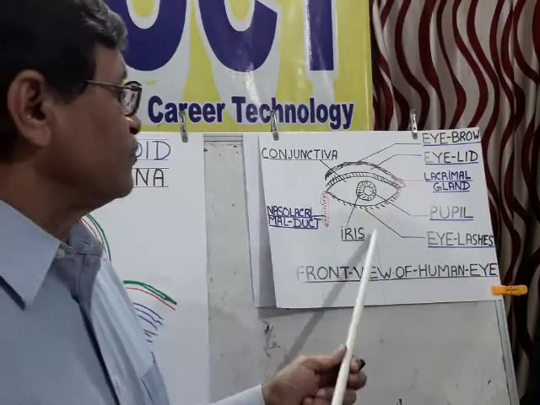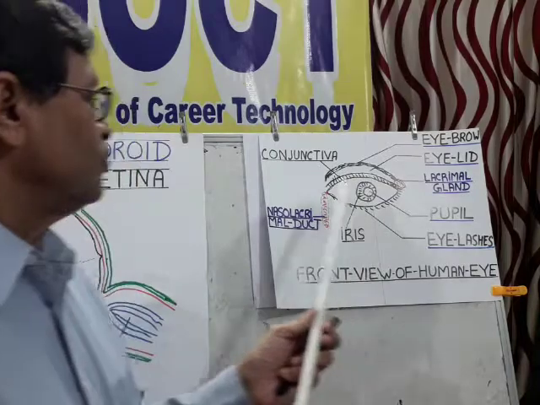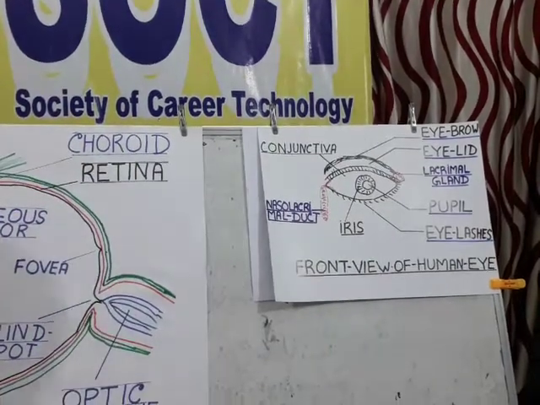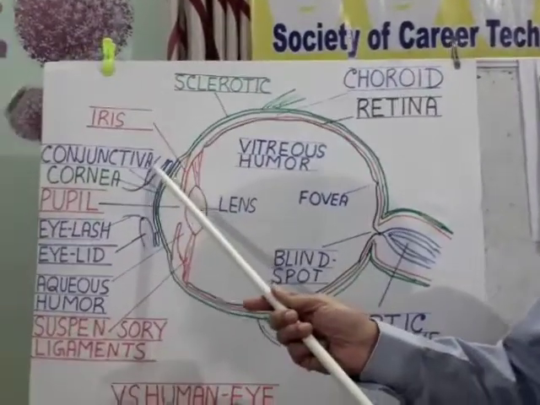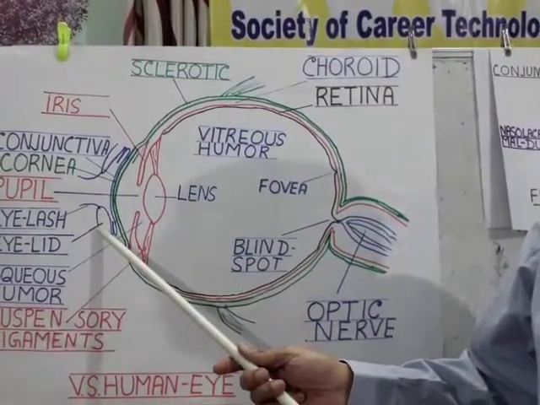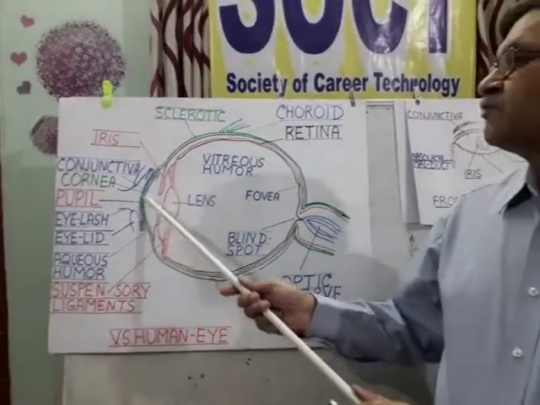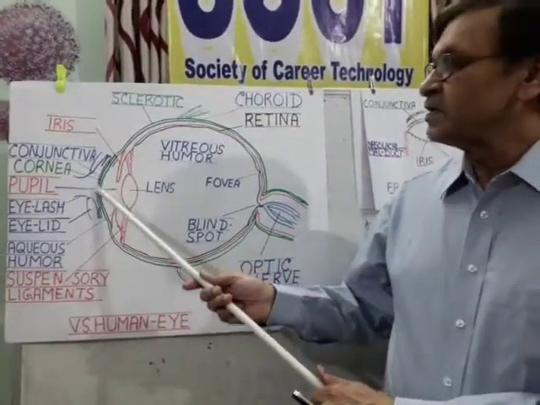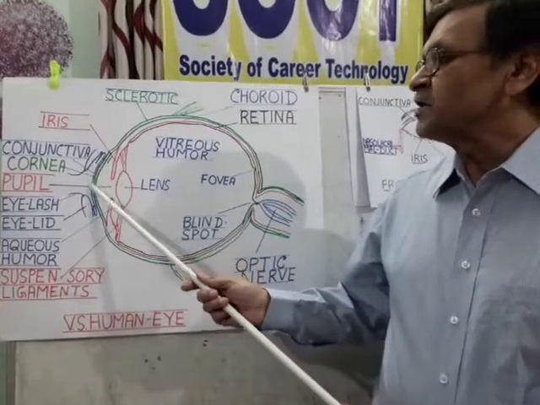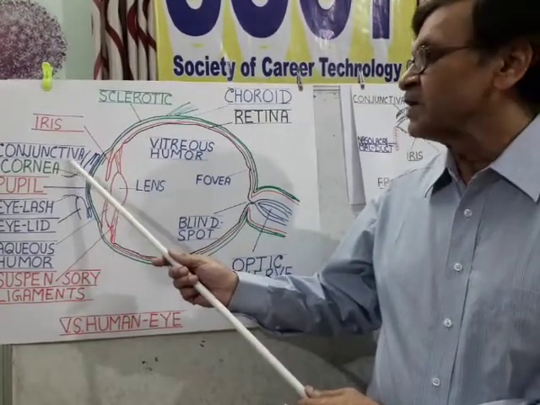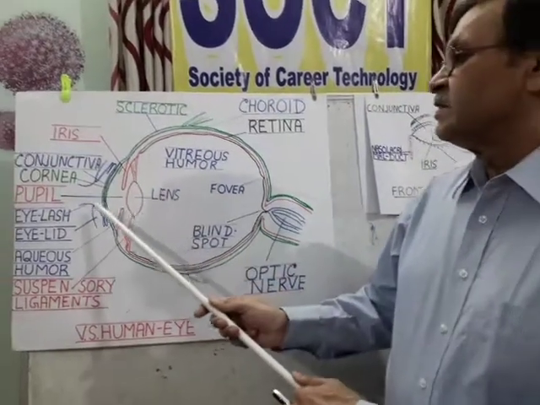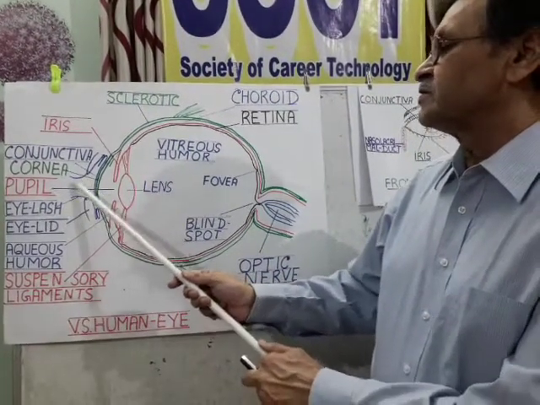When we cut a section of the eye, we get that the outermost covering, the upper eyelid and lower eyelid, they have one common layer which becomes transparent to form the conjunctiva, the outermost covering, and beneath that, here we have the eyelashes.